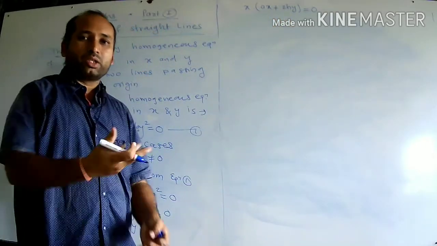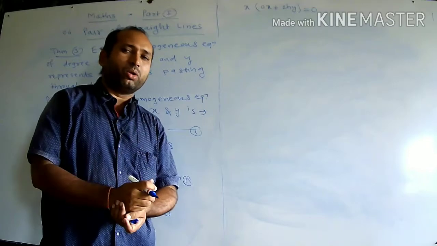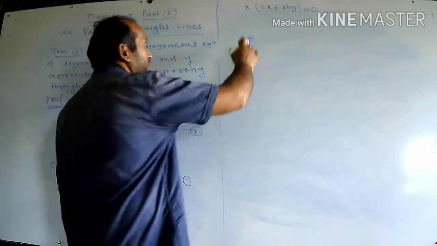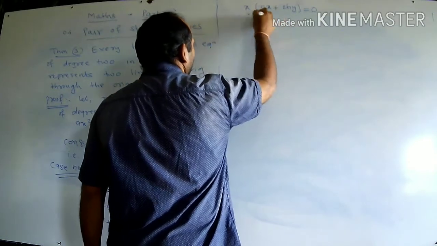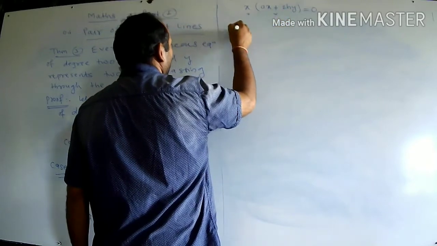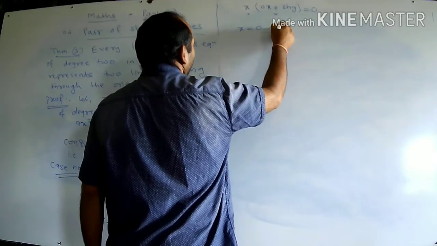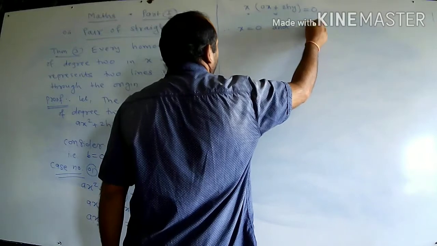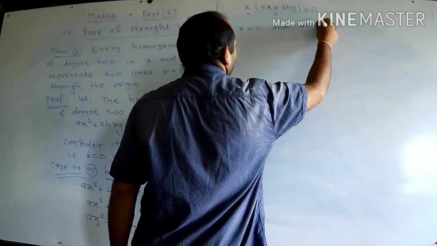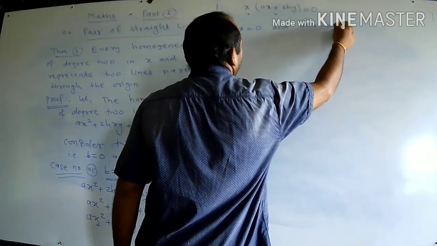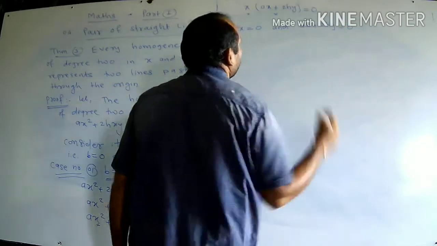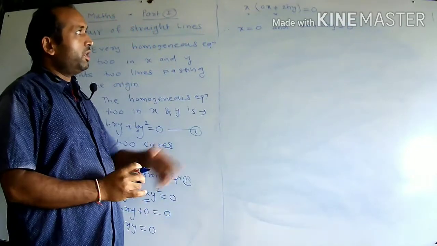Here if the product of two numbers is 0, then either first number is 0 or second number is 0 or both numbers are 0. So we can take the value of these two terms equal to 0. Therefore x equal to 0 and ax plus 2hy is equal to 0.